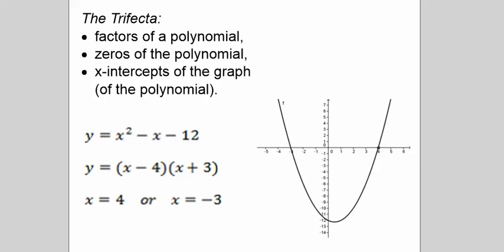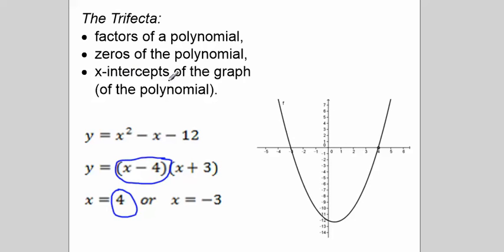So let's state the trifecta. Every time you have a factor of a polynomial, for example, x minus 4, there's my factor, x minus 4. We're going to have a 0 of the polynomial, x equals 4. Because when I plug in 4, I get 16 minus 4 minus 12, which is in fact 0.